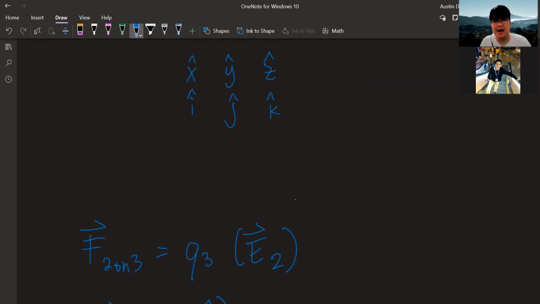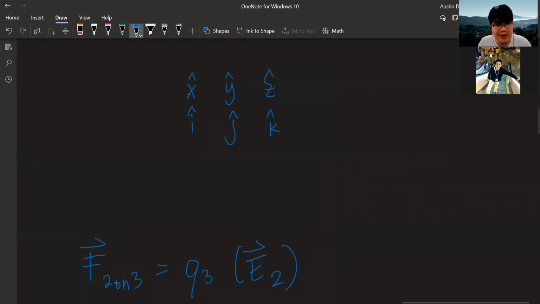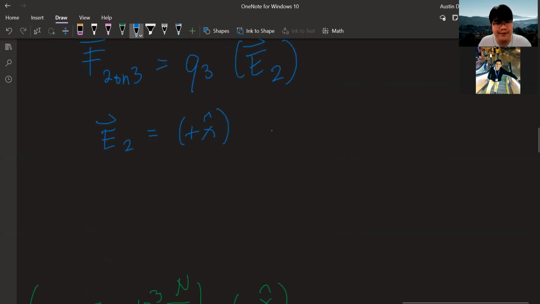Okay, ijk is what they use. But, I don't like this ijk, because they're not very intuitive, right? When you think of x hat, it points along x. Y hat, it points along y. It's as simple as that.